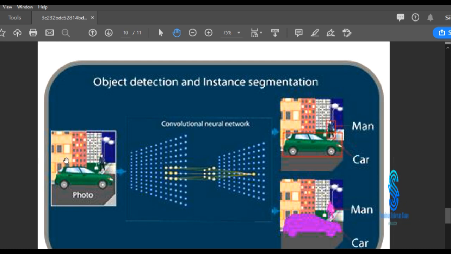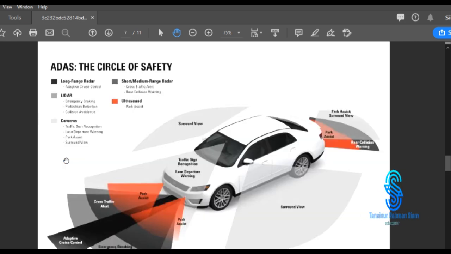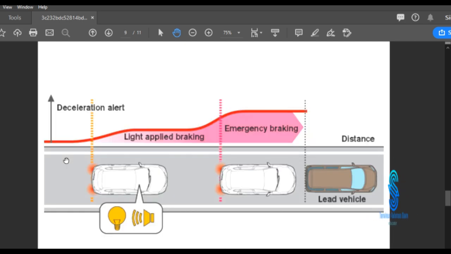It is very important for ADAS. What does ADAS mean? ADAS stands for Advanced Driver Assistance Systems. It also helps with collision avoidance systems, helping to avoid collisions.